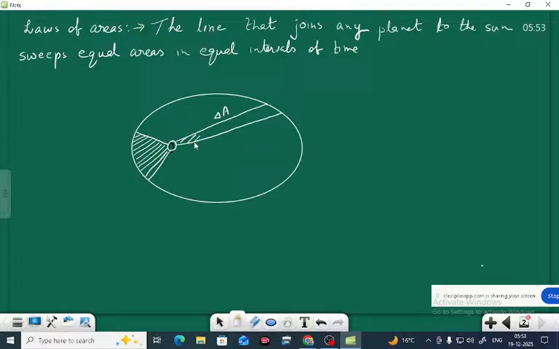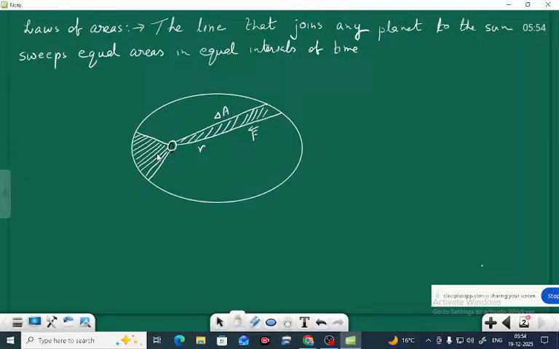If we want to find the area of this triangle for a small time del t, this is a straight line, so it is the area of a triangle. The time is very small. So this is R, and the force is always toward the center, towards the focus, towards the Sun, that is the centripetal force.